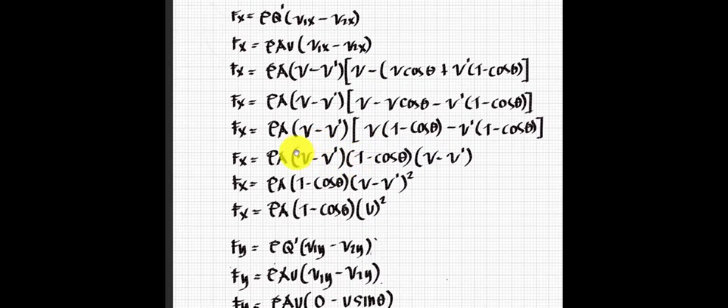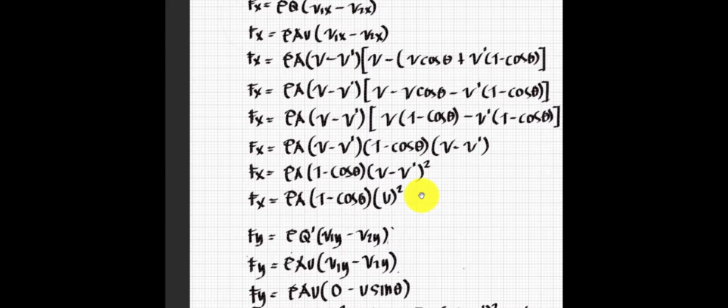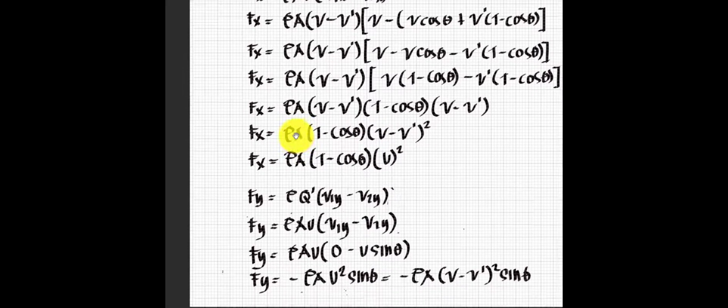You will notice the same relative velocity here, so we can factor this into the velocity of the jet minus the velocity of the vane, squared. Then multiplied by 1 minus cosine of theta, then we have the density times area.